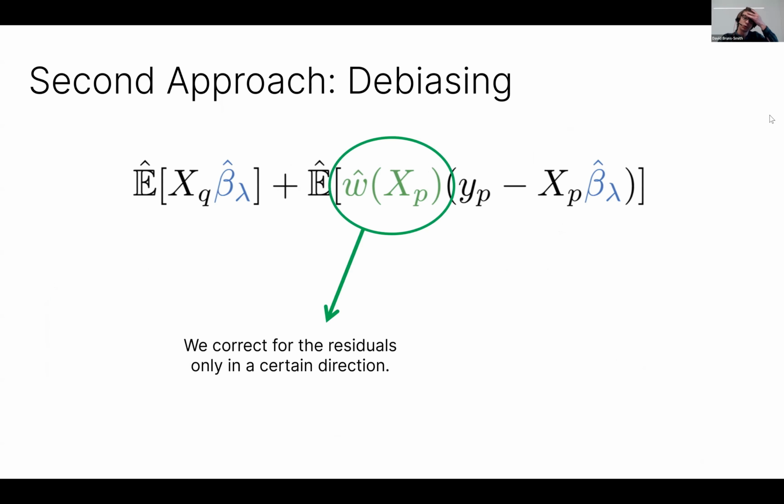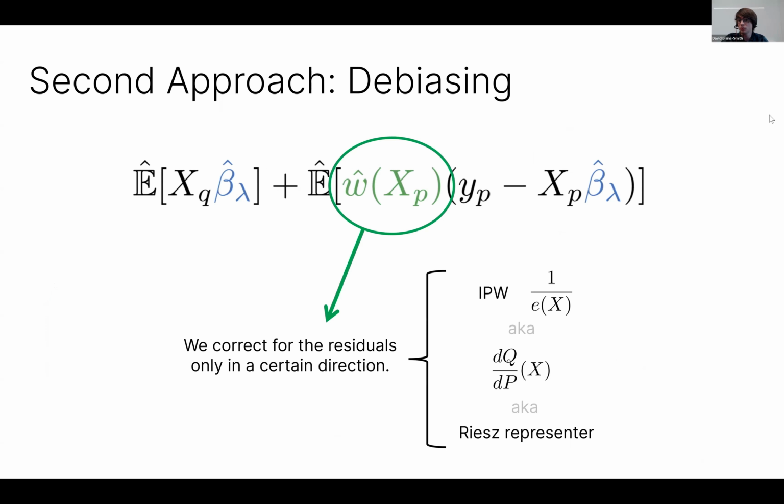Importantly, we correct for the residuals only in a very particular direction. These are the IPW weights, 1 over the propensity score. But you can also think of them as this density ratio between population and the treated group, or the Riesz representer of our particular functional that defines our estimate.